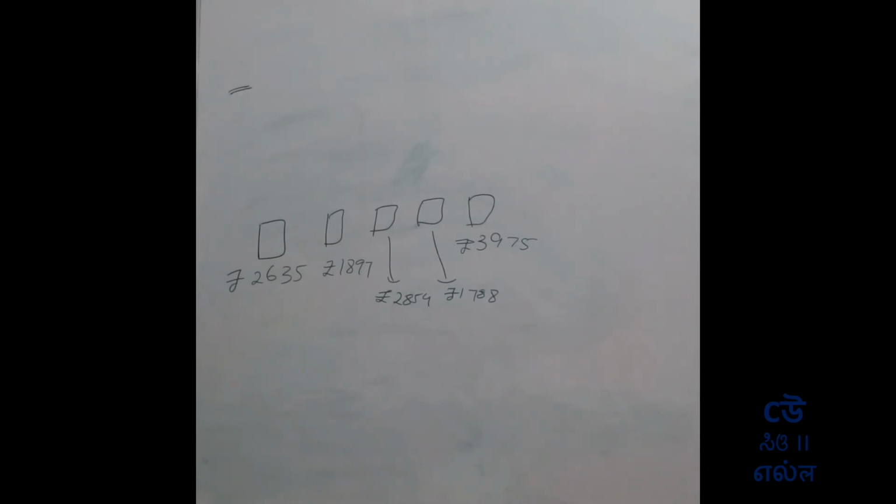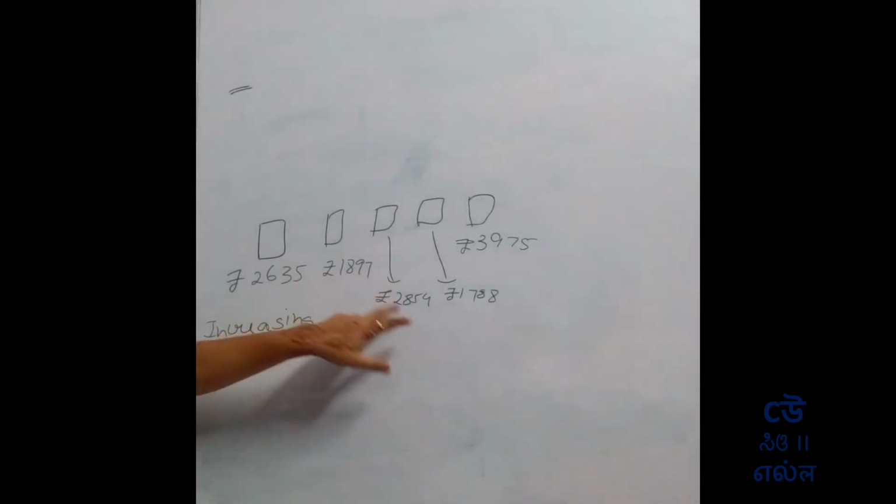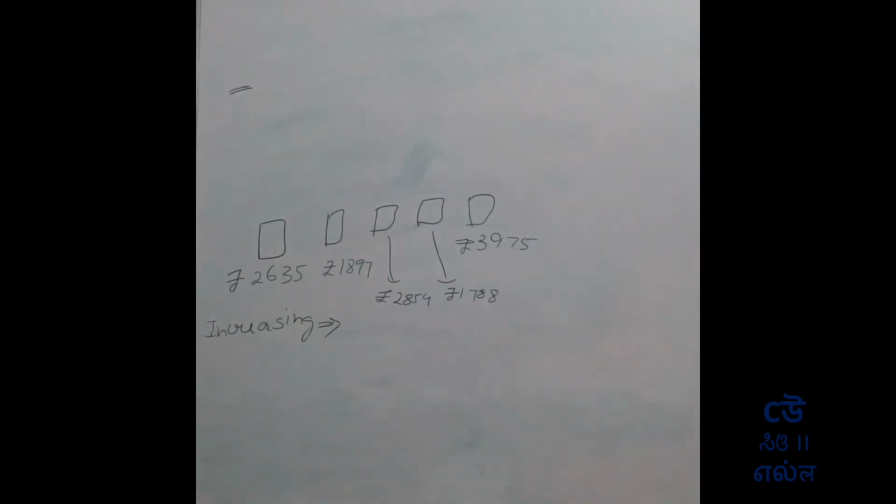So the price tag is fixed and we can arrange them in increasing order. They have asked to arrange this in increasing order. So we'll arrange. Okay. Increasing order means what? From smaller number to bigger number. The smallest price among these five is what?